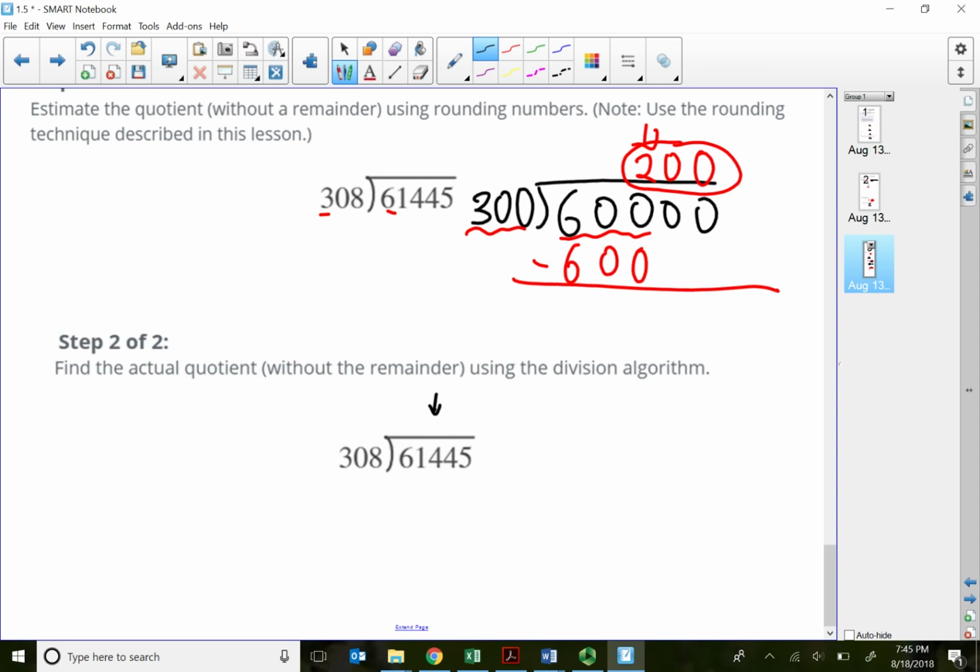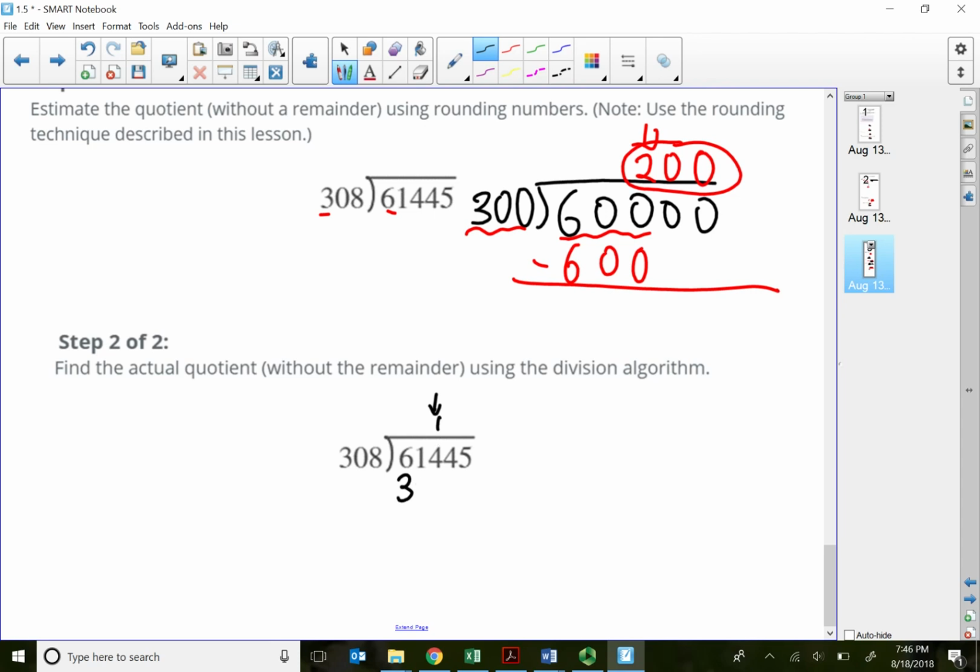Most of y'all can tell 308 can go into 614 about 2 times because 2 times the 8 is 16, carry 1. 2 times 0 plus 1 is 1. 2 times 3 is 6. Oh, my bad. It's 614. What am I talking about? Sorry. 1 time. Most of y'all can tell it's 1 time.